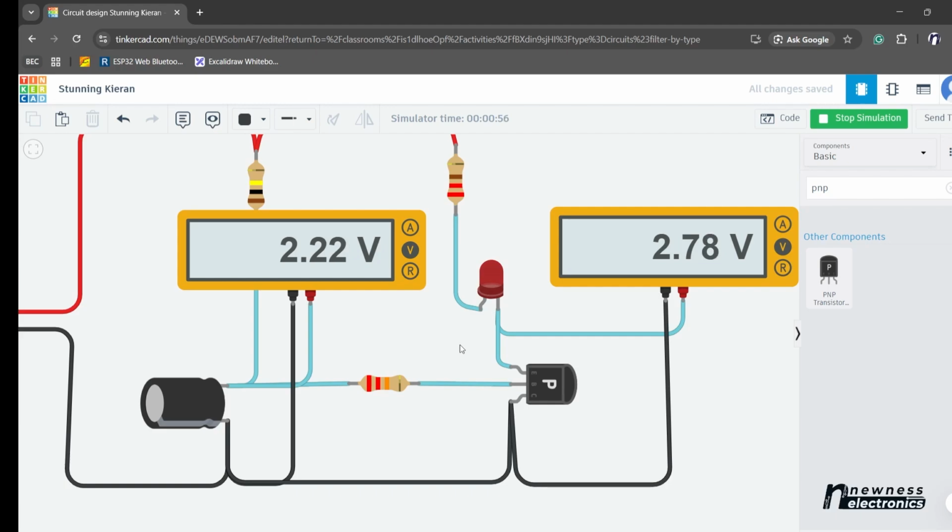So this is a reversal of the first circuit we made, and it took almost 1 minute for it to go off entirely. Do you see that? So this is a simple time delay circuit.